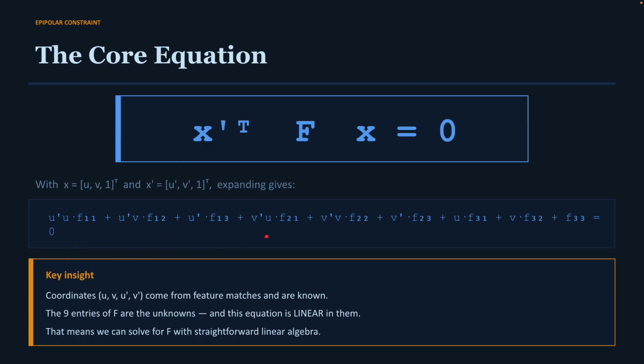They come from our SIFT matches. The 9 entries of F are what we don't know. And crucially, this equation is linear in the unknowns. That means we can solve it with straightforward linear algebra. No iterative optimizations are needed. Each point pair gives us one such equation.